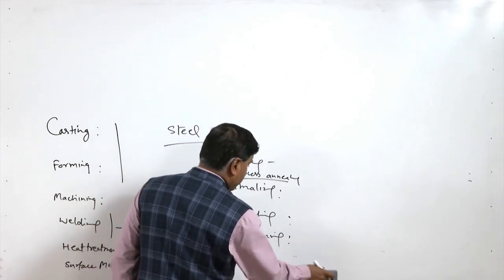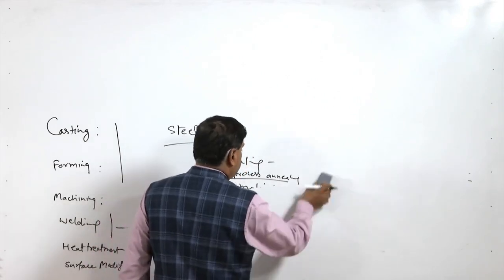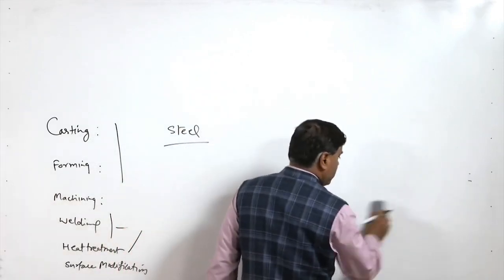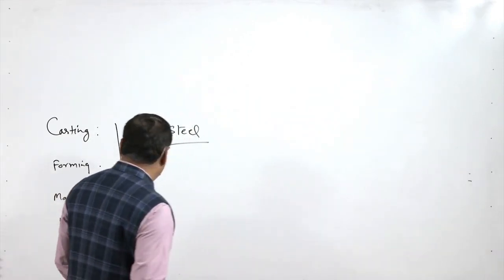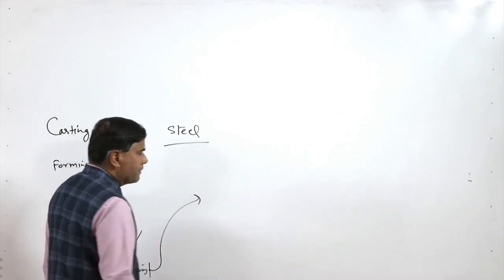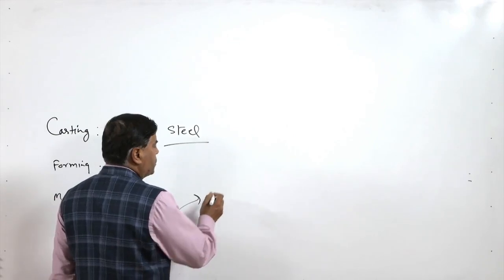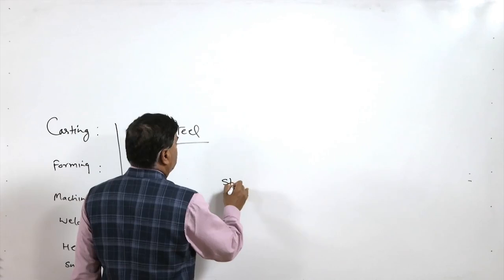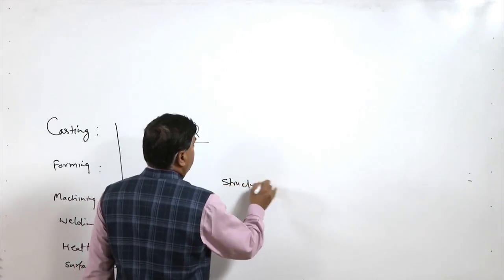Similarly, austempering and martempering are also used for making high strength and tough steels. Coming to the surface modification, there are various approaches where the structure at the surface is modified.